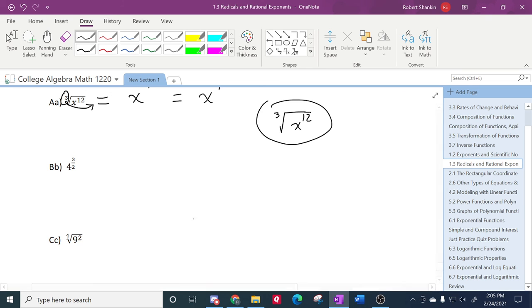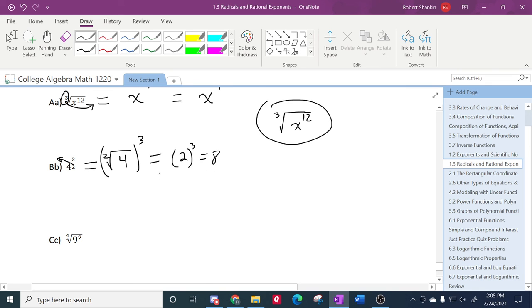Alright, let's look at B. When I first look at a problem like B, I can't tell what the answer is. I need to do this, and I delay the making it bigger. I do the smaller first and then the bigger. And then that's 2 cubed, and then that's 8.